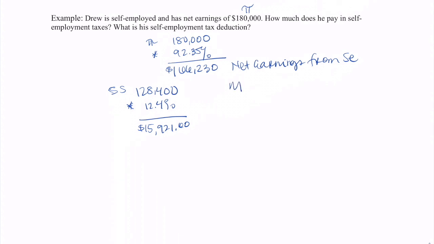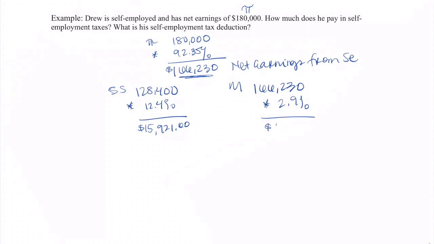The Medicare component, again, because net earnings from self-employment does not exceed the threshold of $200,000 for an individual, we don't have to worry about the higher rate. So we can just take the $166,230, because remember, Medicare tax is on the entire amount, not capped at $128,400, and multiply that by 2.9%, which is the 1.45 times 2 for the employee and the employer's portion.